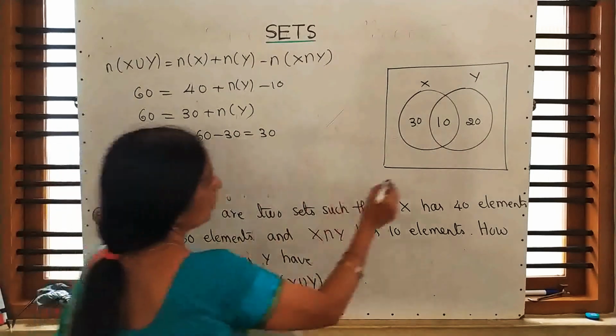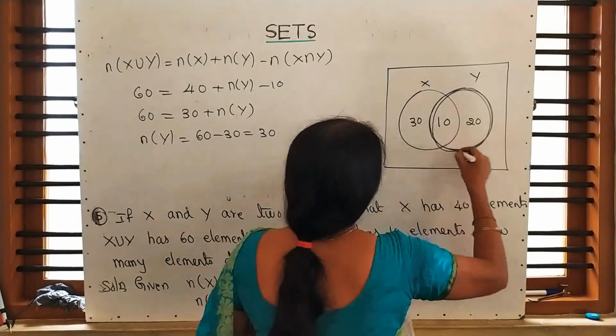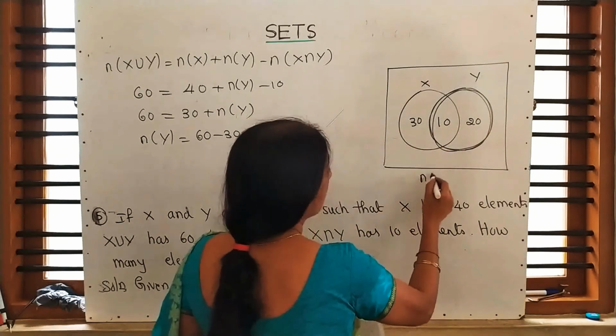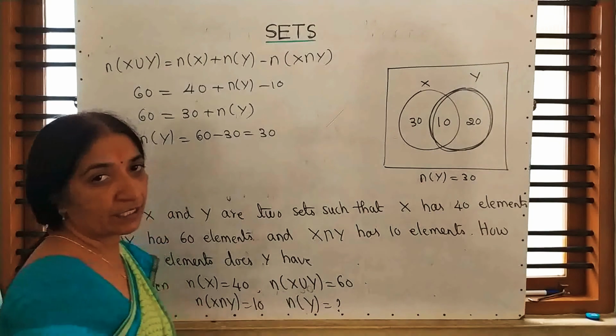See, is it 30 or what? Number of elements in Y. This is total, it is Y. So the number of elements in Y is how much? Here in the figure also we got 30. Is it correct or what?